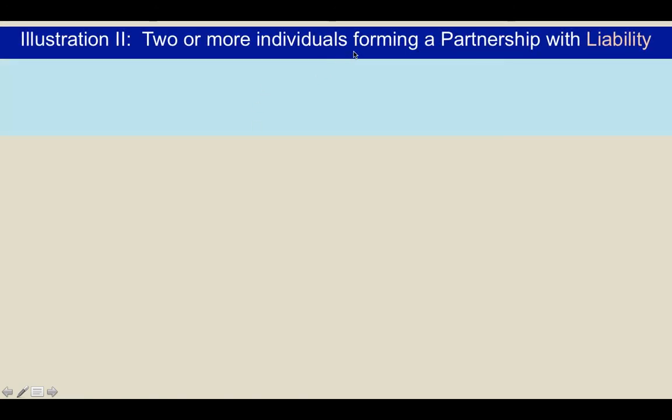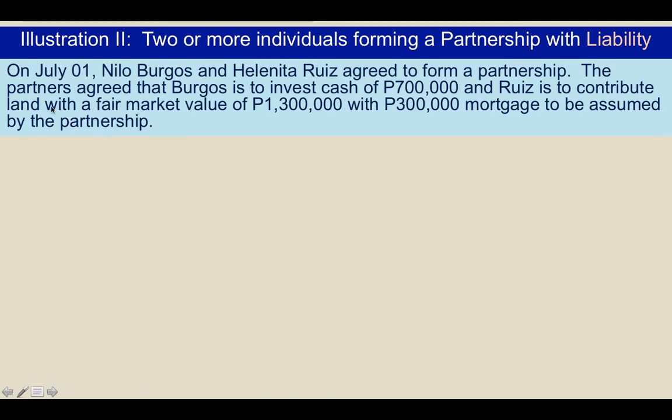And in this illustration, two or more individuals form a partnership with liability. So this is our situation. On July 1st, Nilo Burgos and Helenita Ruiz agreed to form a partnership.